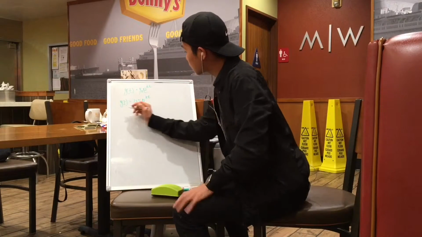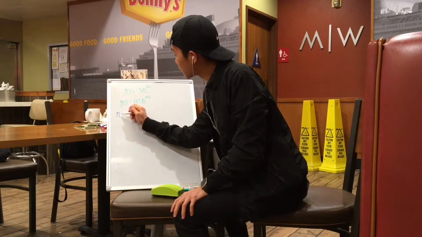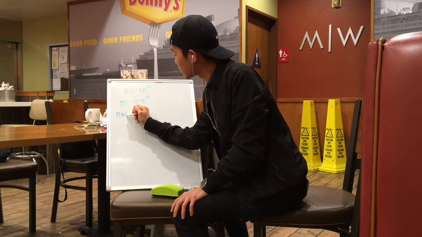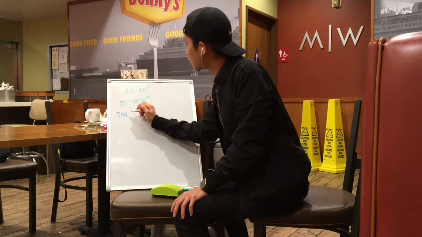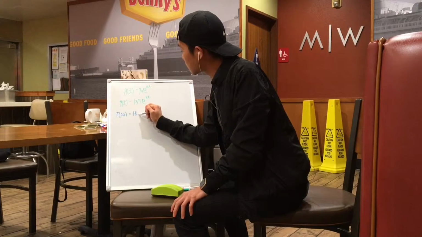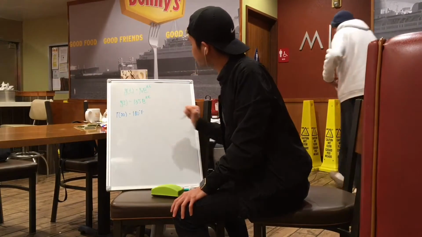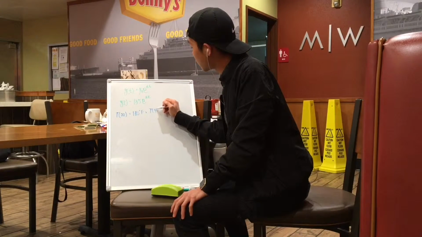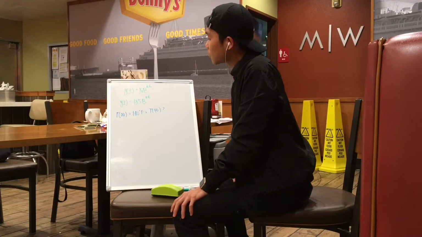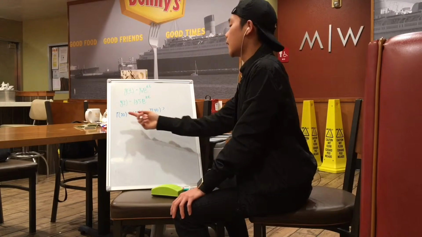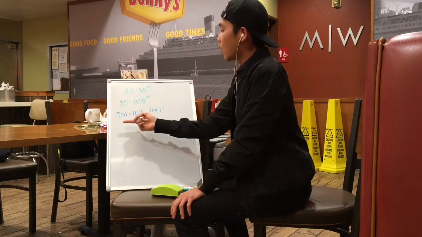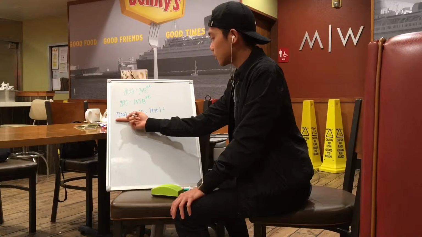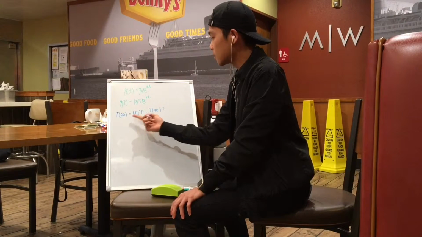After 20 minutes the temperature of the cup of tea dropped to 180 degrees. Then what's the temperature of the cup of tea after 40 minutes? In order to find that, we have the time, and we have the temperature after 20 minutes.